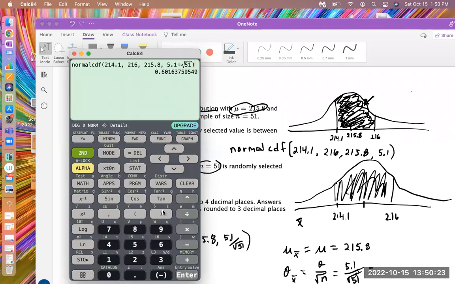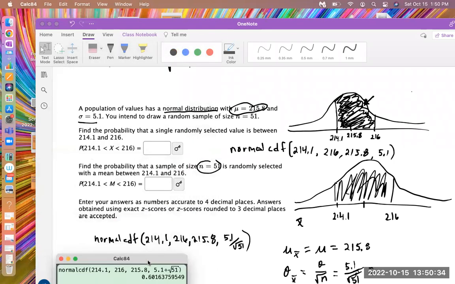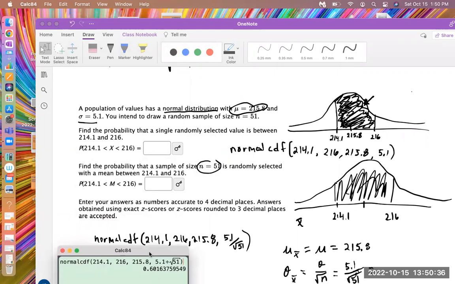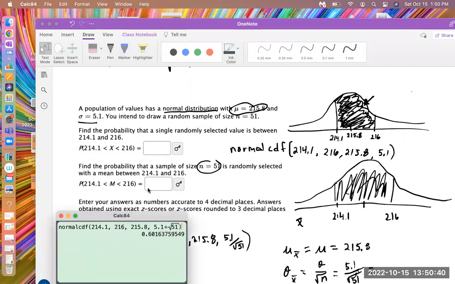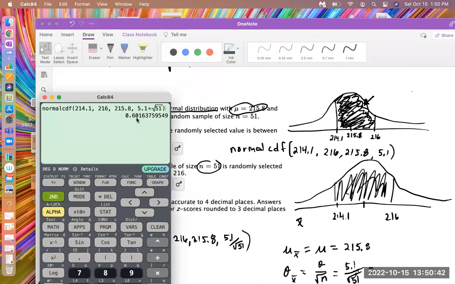And I just close my parenthesis, and then that's 0.6016. I think they say round to 4 decimal places. Yes, 4 decimal places. So 0.6016, and the 3 would round down. So 0.6016 is our answer.